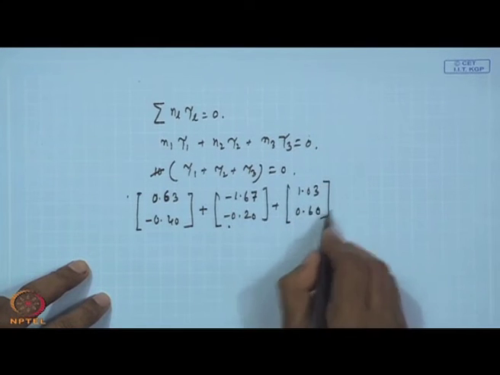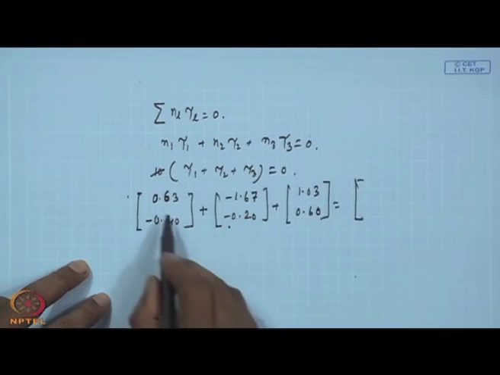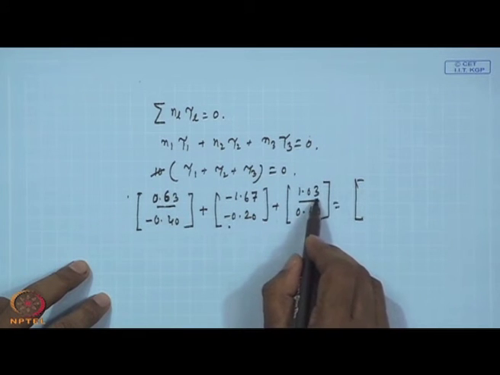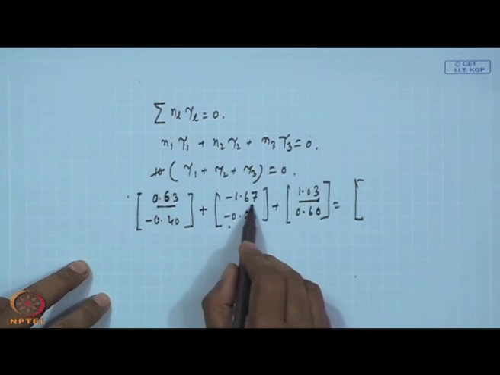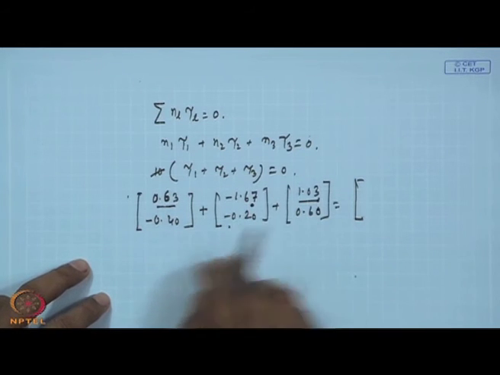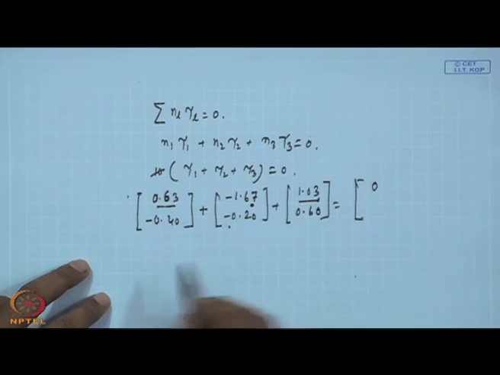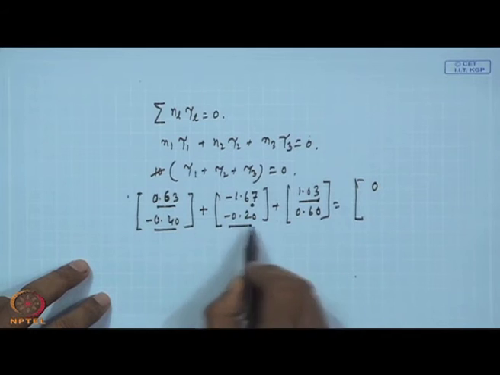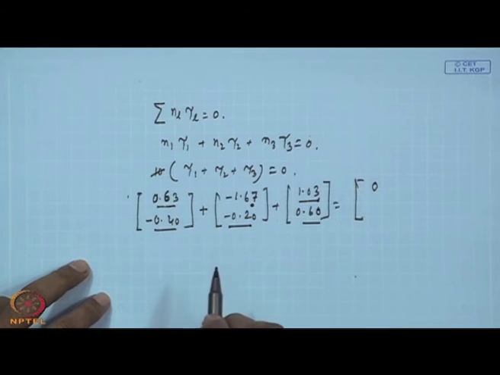What is the value coming? 0.63 plus 1.03 is 1.66, minus 1.67, which is 0 basically; because of rounding error this comes. Similarly, minus 0.40 minus 0.20 is minus 0.60, plus 0.60.